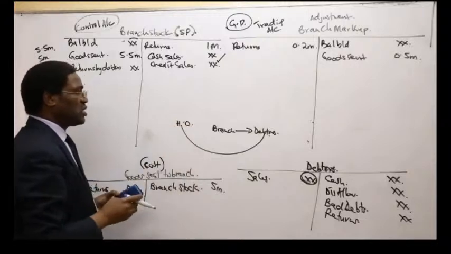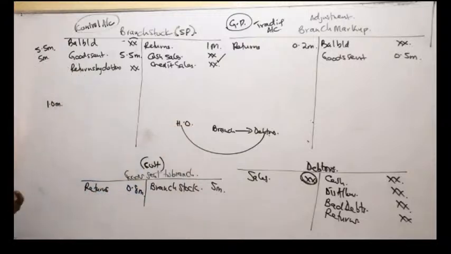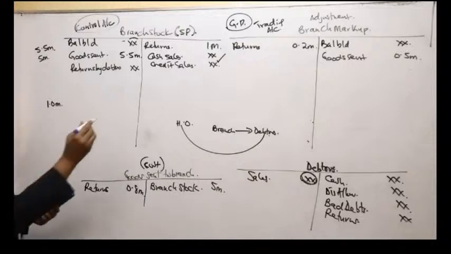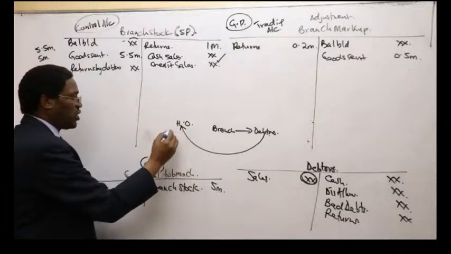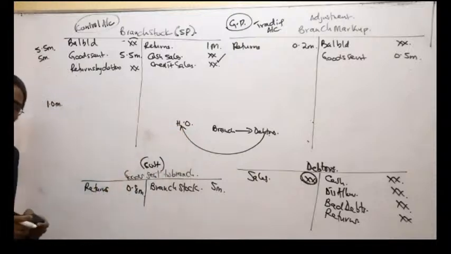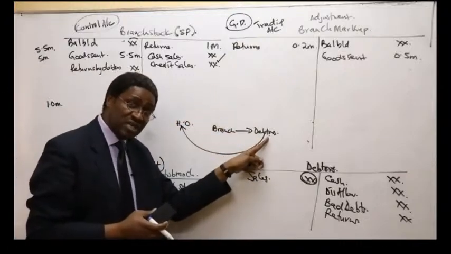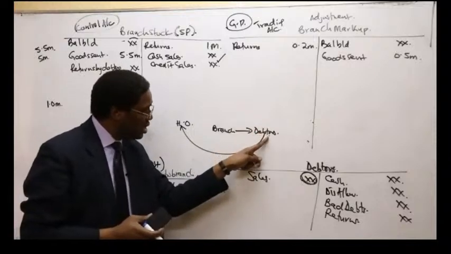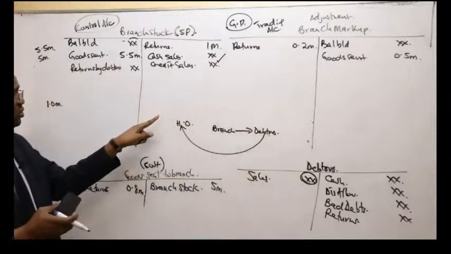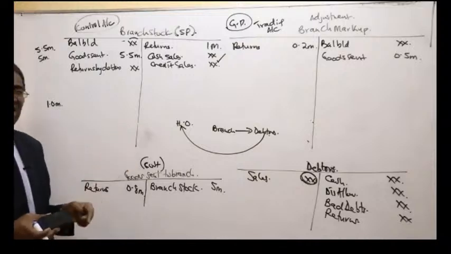We want to discuss the next entry: what if the branch debtor returns the goods direct to the head office? Don't forget, the goods were sold by the branch to the debtor. But for whatever reason, the debtor decided to return the goods to the head office. How do you record that transaction?